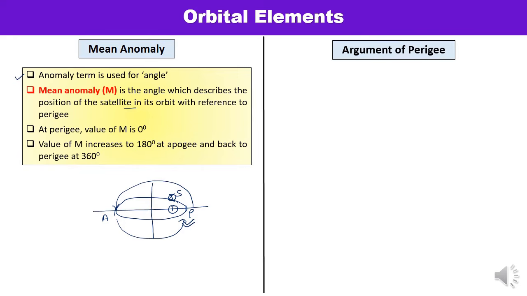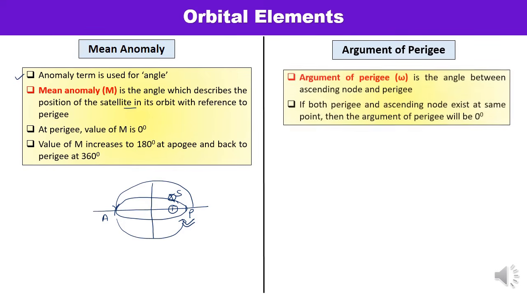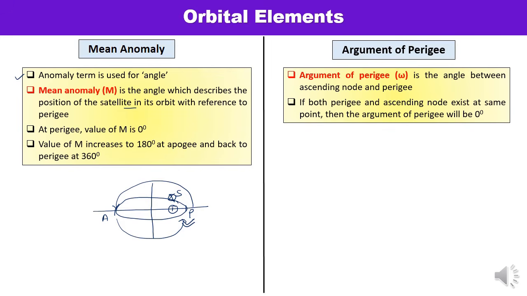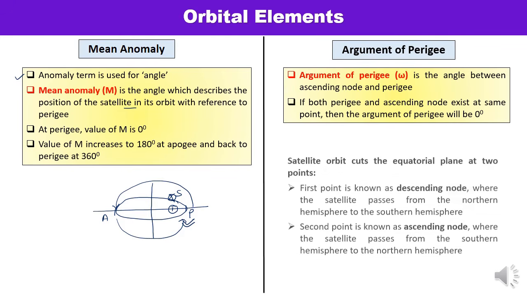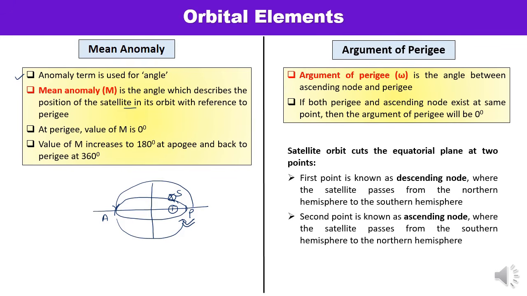Next is the argument of perigee. It is an angle between the ascending node and perigee. Now you must be curious, what is the ascending node? You are going to hear two terms: the ascending node and the descending node. The satellite orbit cuts the equatorial plane at 2 points, right?